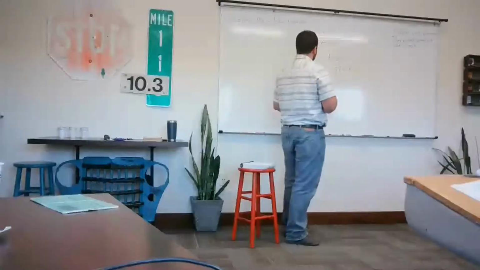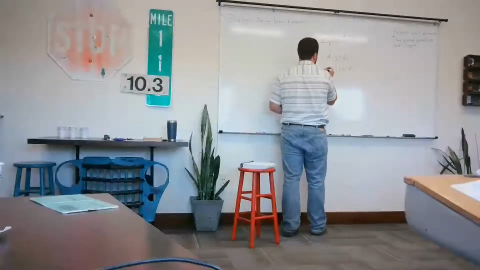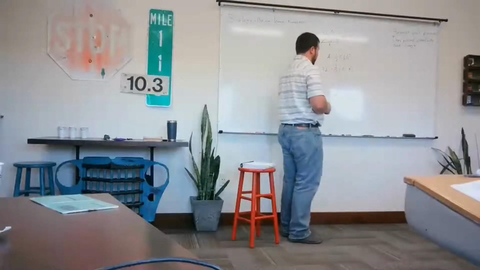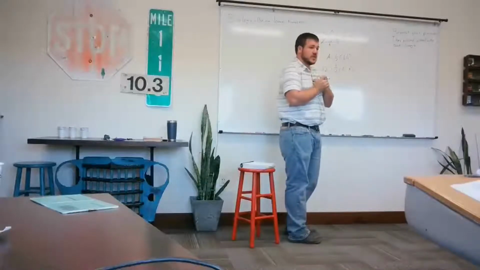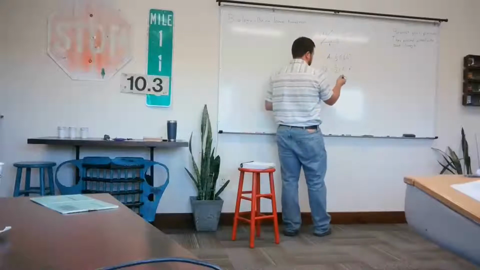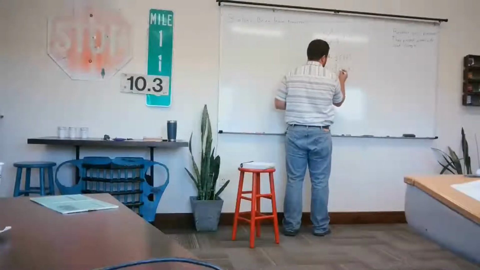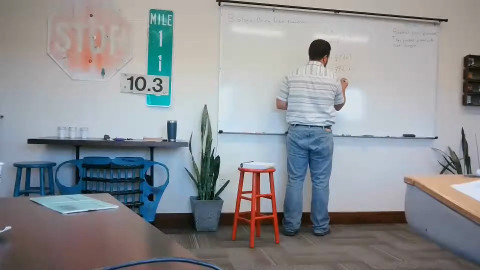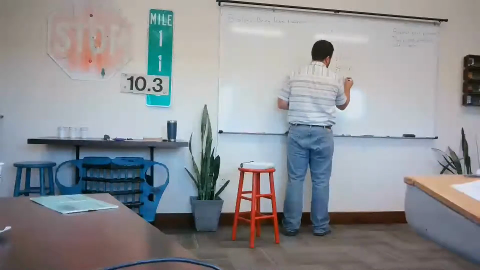The area is 12. Great. This is a little complicated because of the 1/2. Basically you go 1/2 times 6 and then 1/2 times X. So you get 12 equals 3 times 1/2 X.